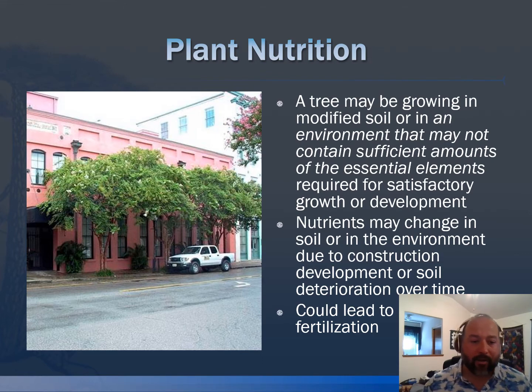But now, if this tree is by itself, its roots are going to have to spread out in different ways, and we're also not getting the water intake that we might be getting. Because of this building blocking, we might not be getting all the sun that we need, so we're only getting parts of what we require, and because of that, you might not get satisfactory growth or development because you're lacking in some of these elements.